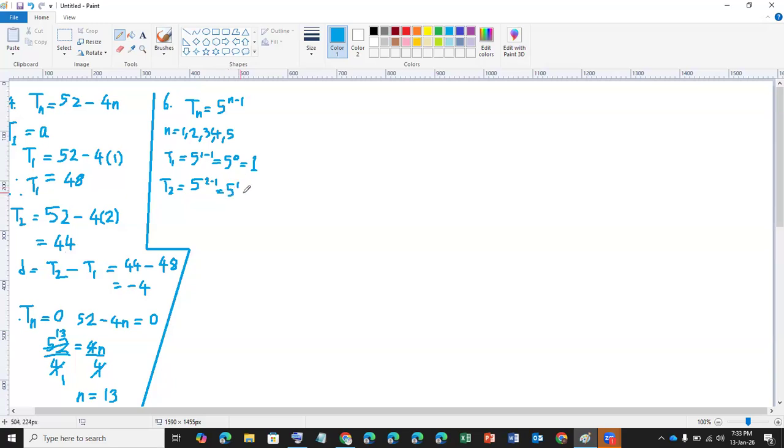And 5 raised to the power of 1 is equal to 5. Okay, C3 is 5 raised to the power of 3 minus 1.